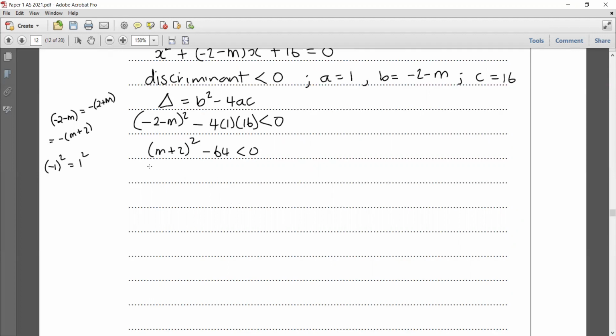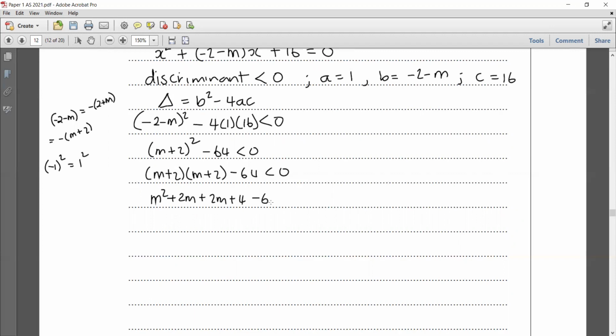Then multiplying this out, we have m plus 2 times m plus 2 minus 64. This is less than 0. We have m squared, m times m, and then we have 2m. And then we have 2m.